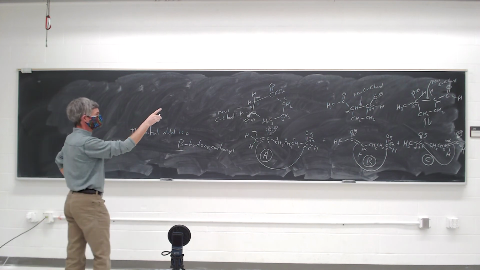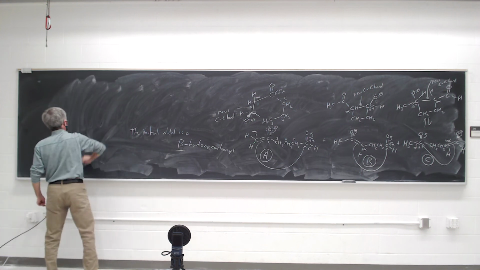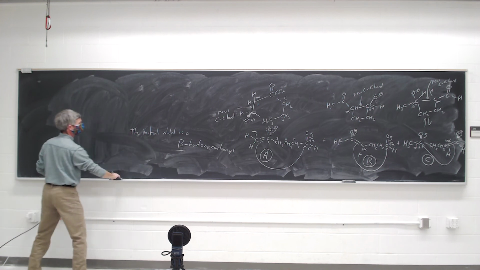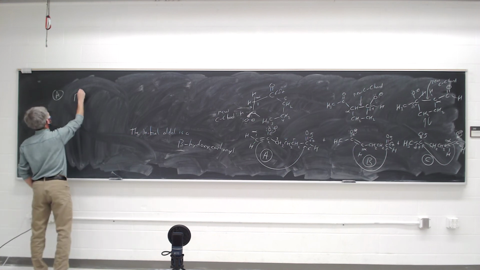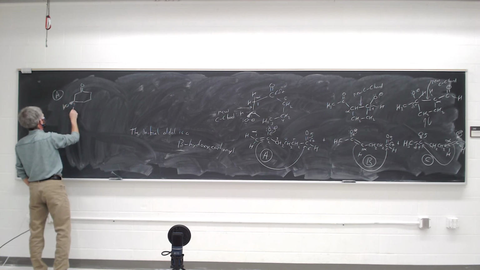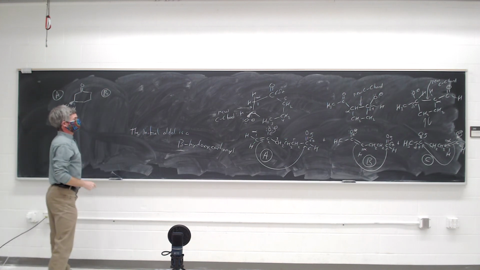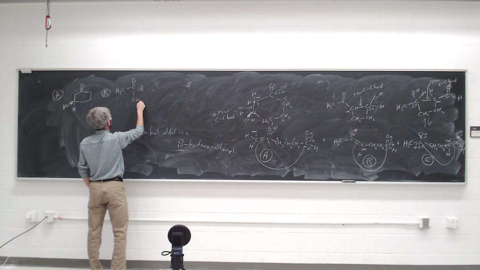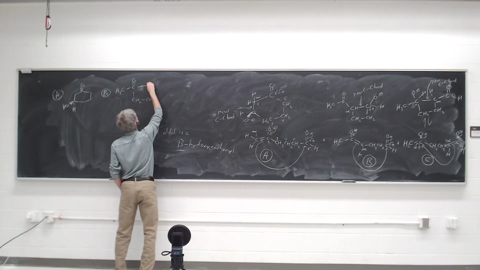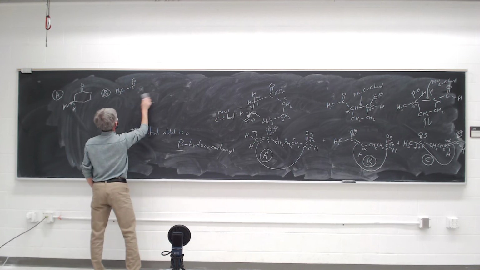So let's consider the possibility of protonating each of those and see what those products look like. So if we protonate this one on the left, which is A, make that out. If I protonate B, draw correctly.